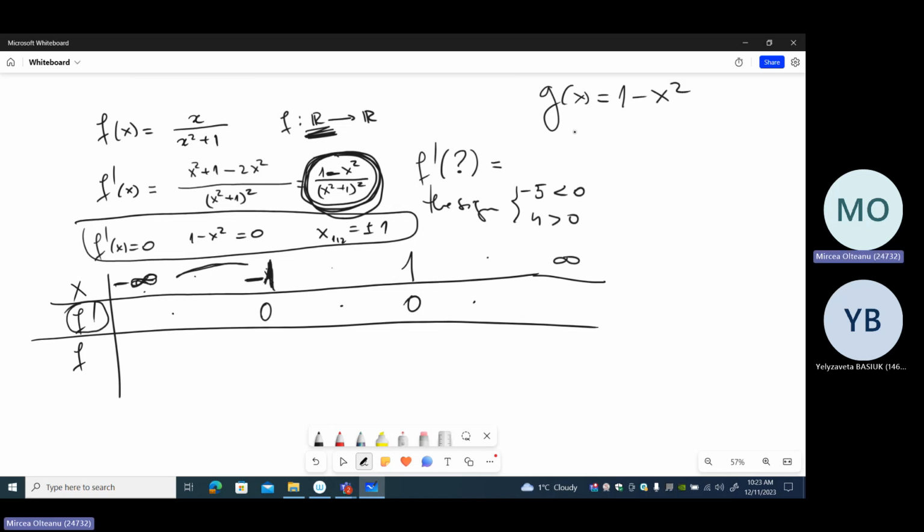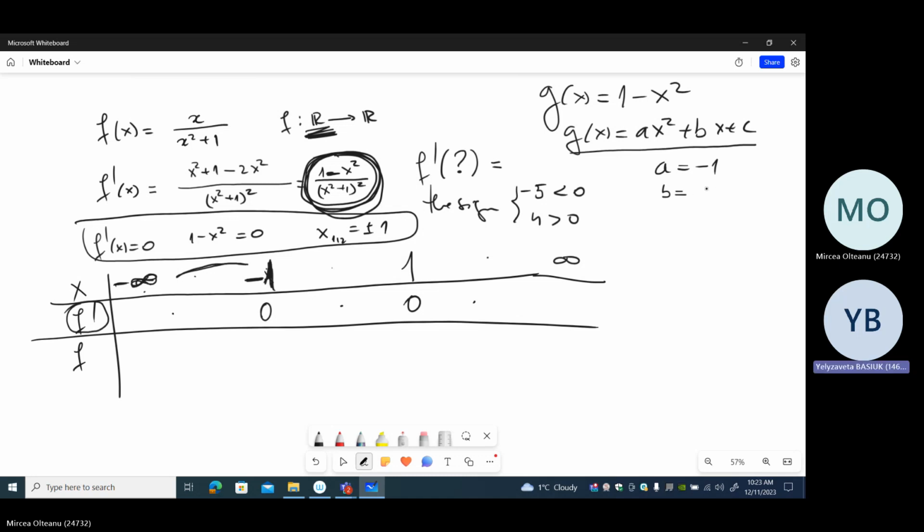We are talking in general about the quadratic function g of x equals ax squared plus bx plus c, yes? So who is a for us? A is -1. B is? No, B is 0.